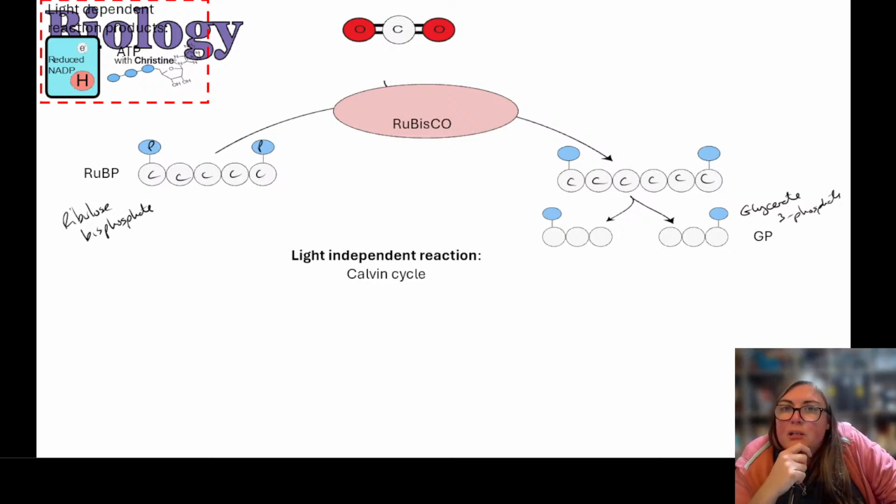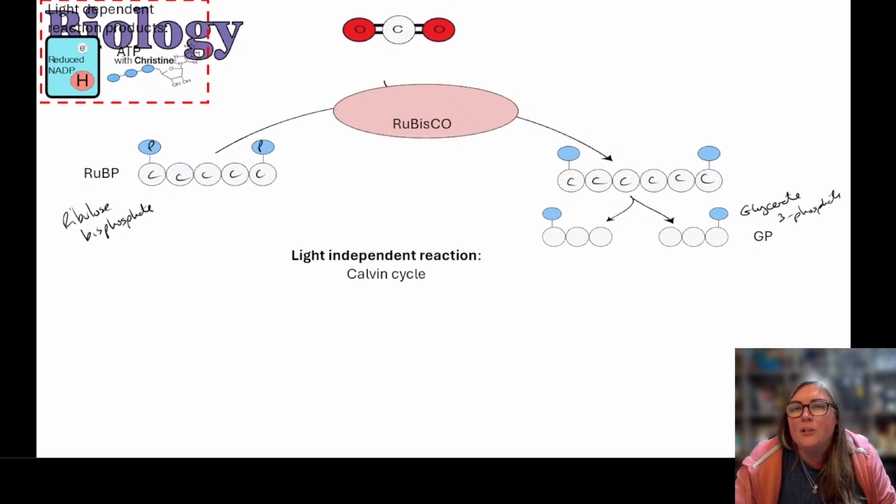Pepsi Max asks, do I need to know the other reaction that Rubisco catalyzes? Yes, you do need to know about photorespiration as a response to the limiting factors of photosynthesis. However, they don't want you to go into loads of detail.